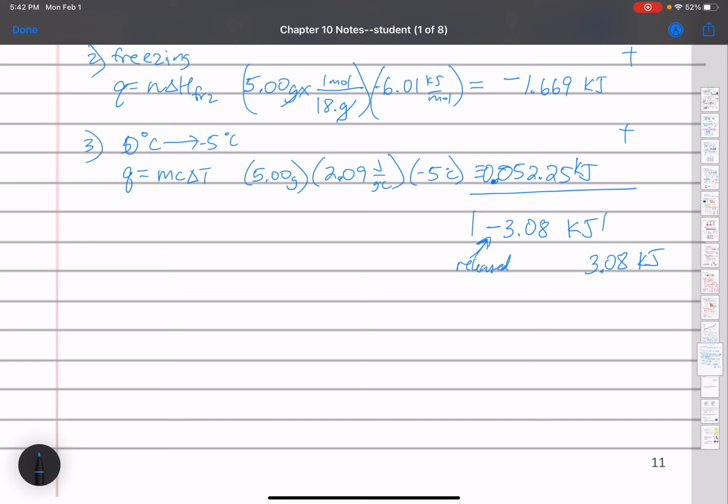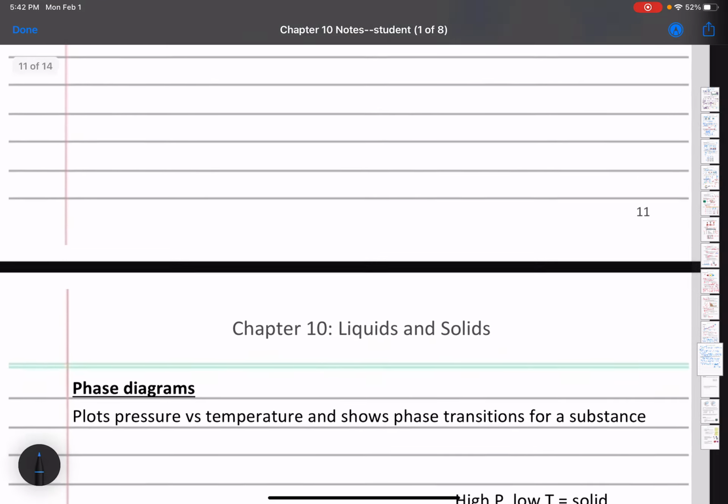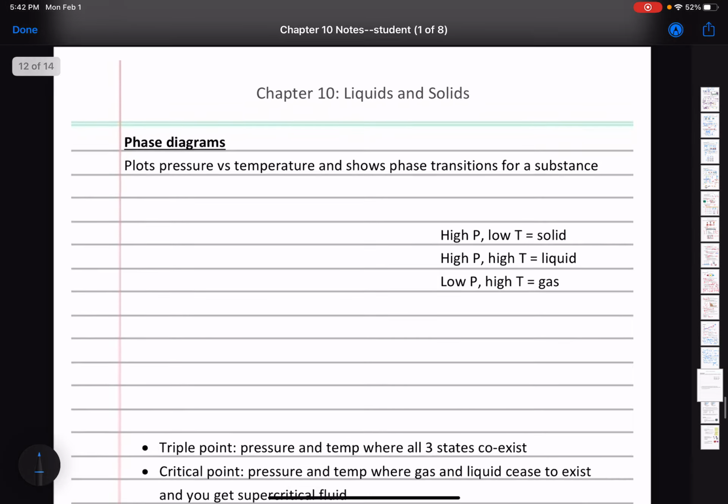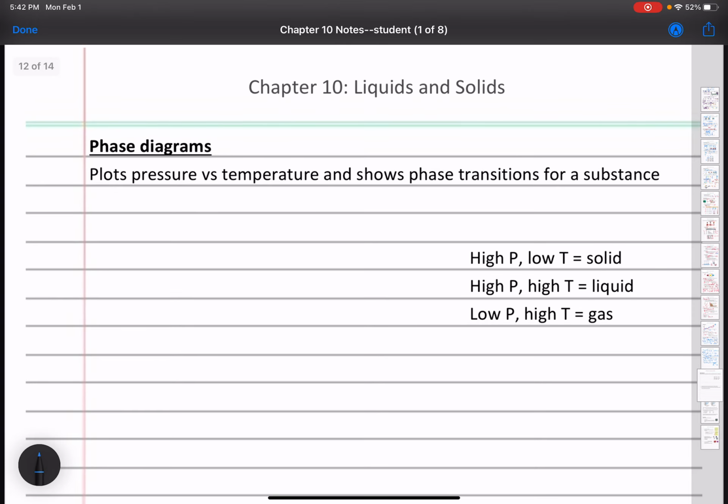Okay. So that's some thermochemistry, heat transfer during state changes. Again, of course, all that's happening in a state change really is it's using thermal energy to overcome intermolecular forces. So all substances exist in these different states.